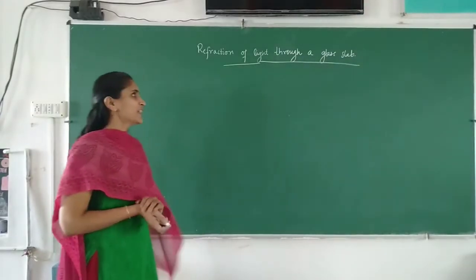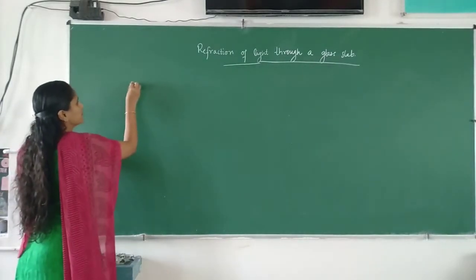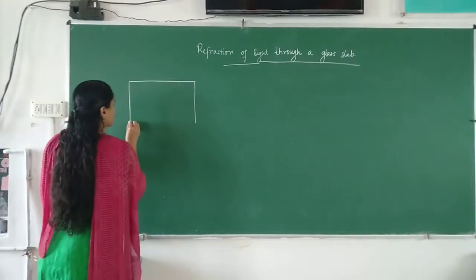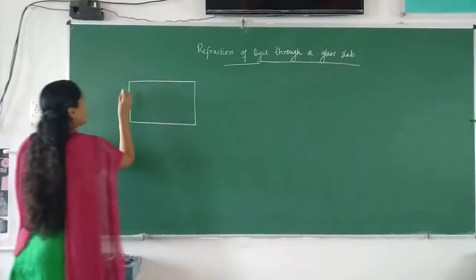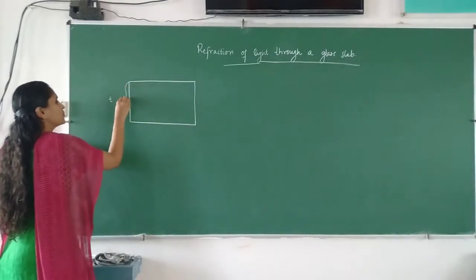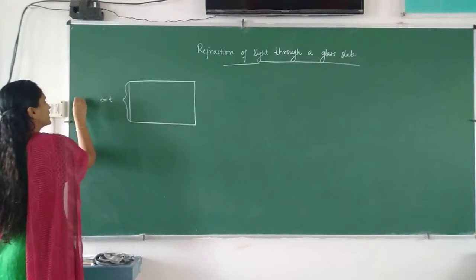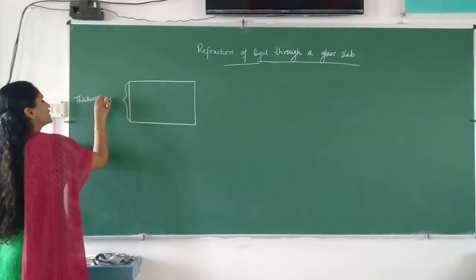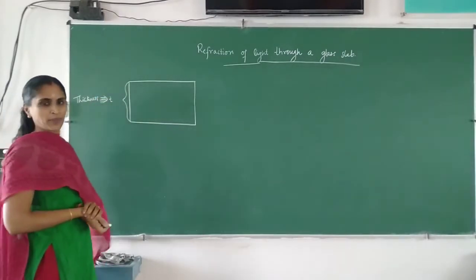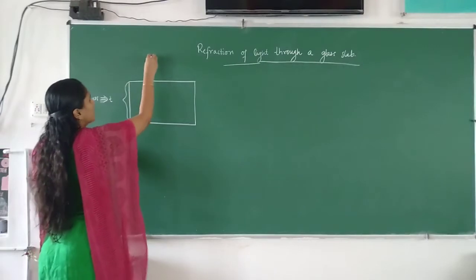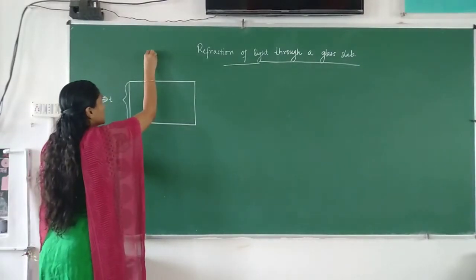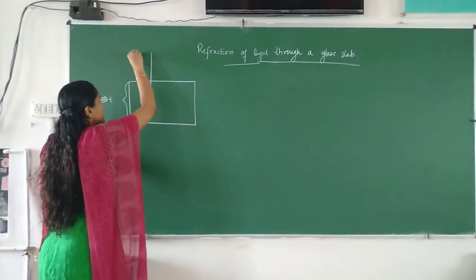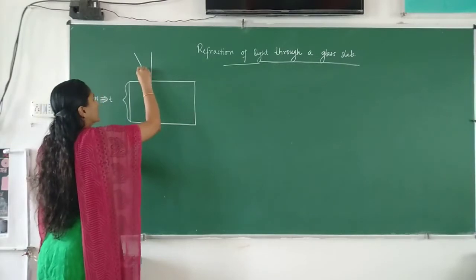Here we are considering a glass slab. Let T be the thickness of the glass slab. If a ray of light is incident, first we draw the normal.